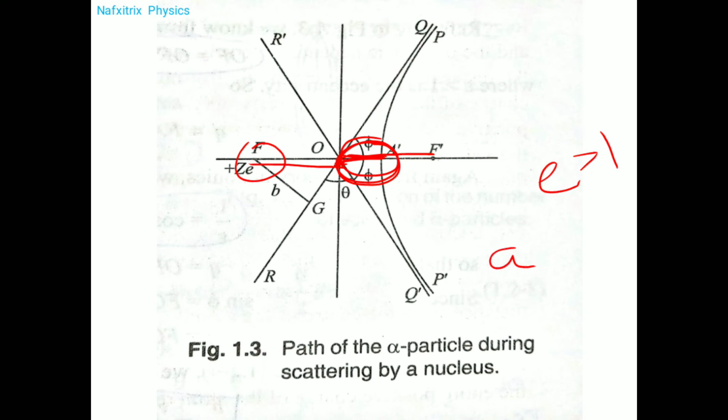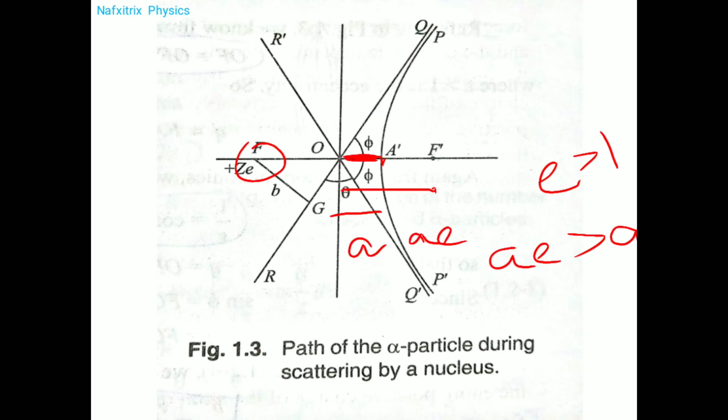That's why AE would be greater than A. So here you need to understand, from this point to the center to this point the distance is A. Again from here to here it is AE, because eccentricity is greater than 1. So OF dash is nothing but AE.